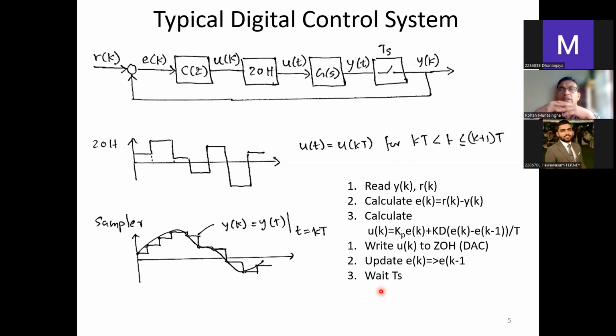Now, if you look at this control loop, how the control loop operates in a discrete controller, you can write it down like this. Oh my God, this is 1, 2, 3, 1, 2, 3, so this should be 1, 2, 3, 4, 5, 6. Sorry about that. The first thing is read y(k) and r(k). This is the controller function, C(z).